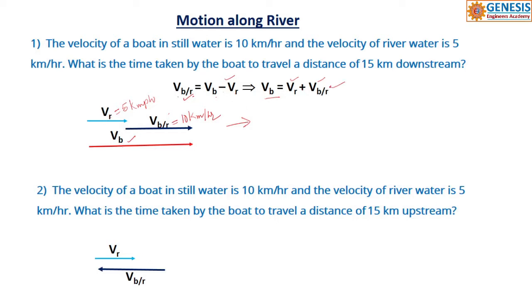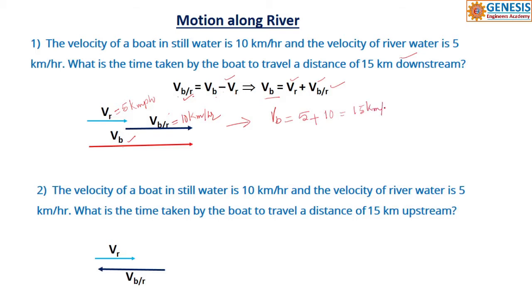You got my point? So what is the time taken by the boat to travel a distance of 15 kilometers downstream? What is the velocity of the boat? The velocity of the boat VB is equal to VR, that is 5, plus VBR, that is 10. It is 15 kilometers per hour.